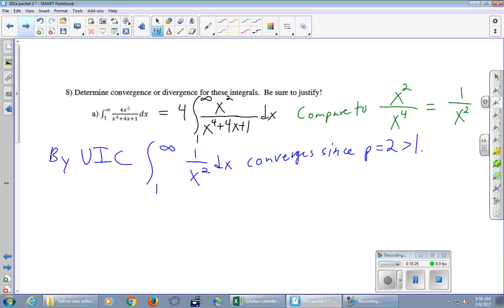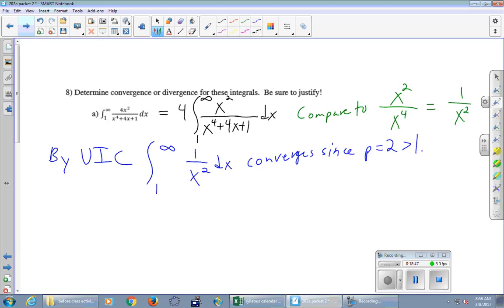Okay, so I've got a convergent integral that I think is similar to the original integral that I'm asked about. What am I really hoping in terms of the inequality? Do I want this original integral to be more or less than this convergent integral down here? Which direction is helpful to us? We want ours to be more or less. Less.